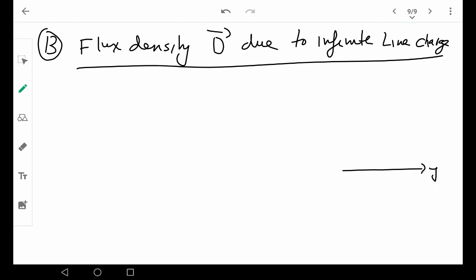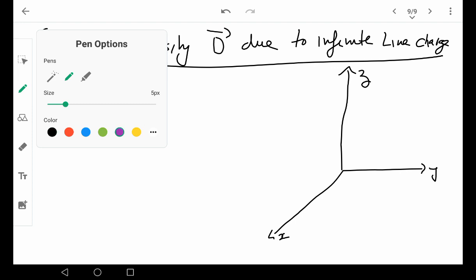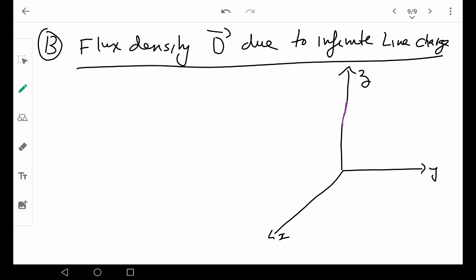This is the y-axis, this is the x-axis, and this is the z-axis. I have an infinite line charge extending in both directions. Suppose I want to find the flux density at the point P. I will draw a perpendicular from the line charge, and let that perpendicular be given by the vector rho.